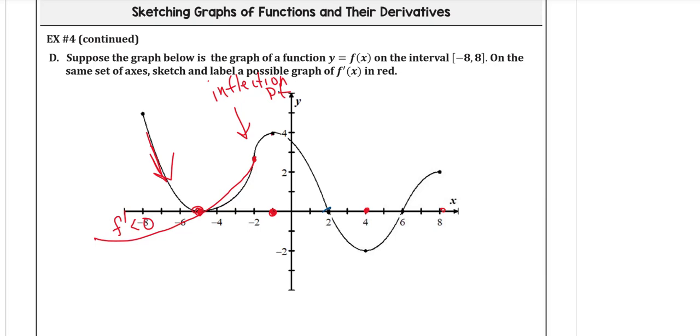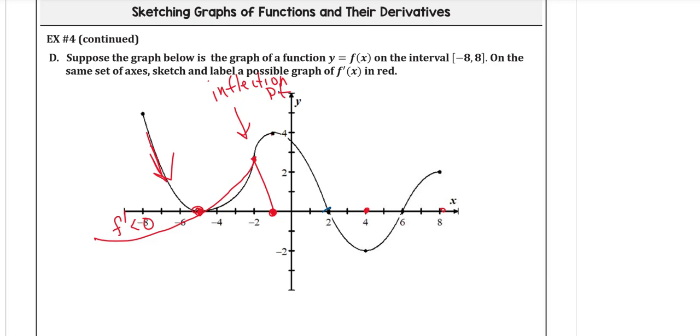And then what happens here is I have to go back to 0, and I'm going to be concave down here. So kind of like that. Maybe not quite that dramatic. Now I missed it completely. There we go. Okay, so we're concave down.